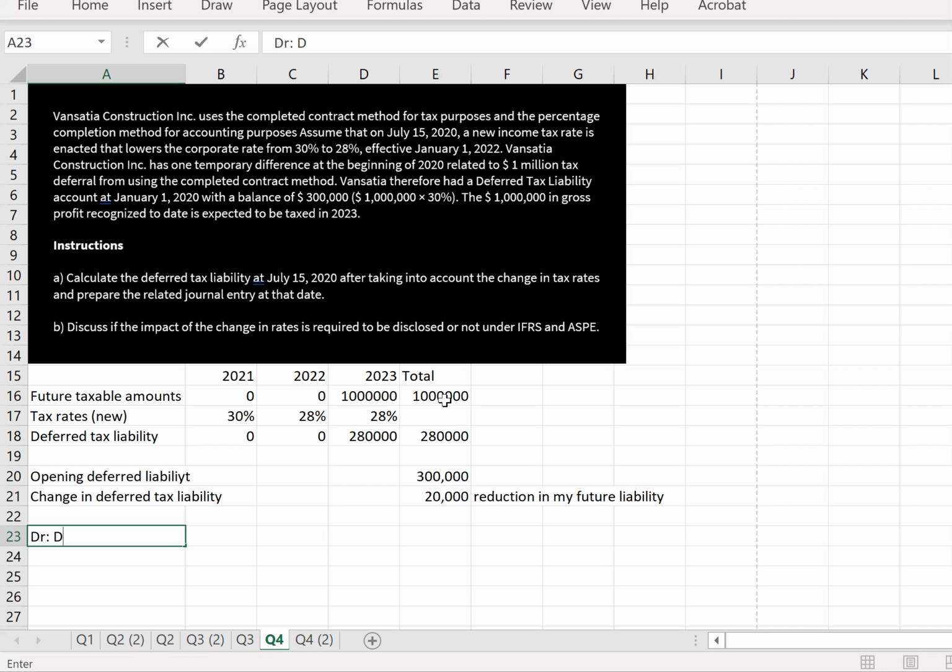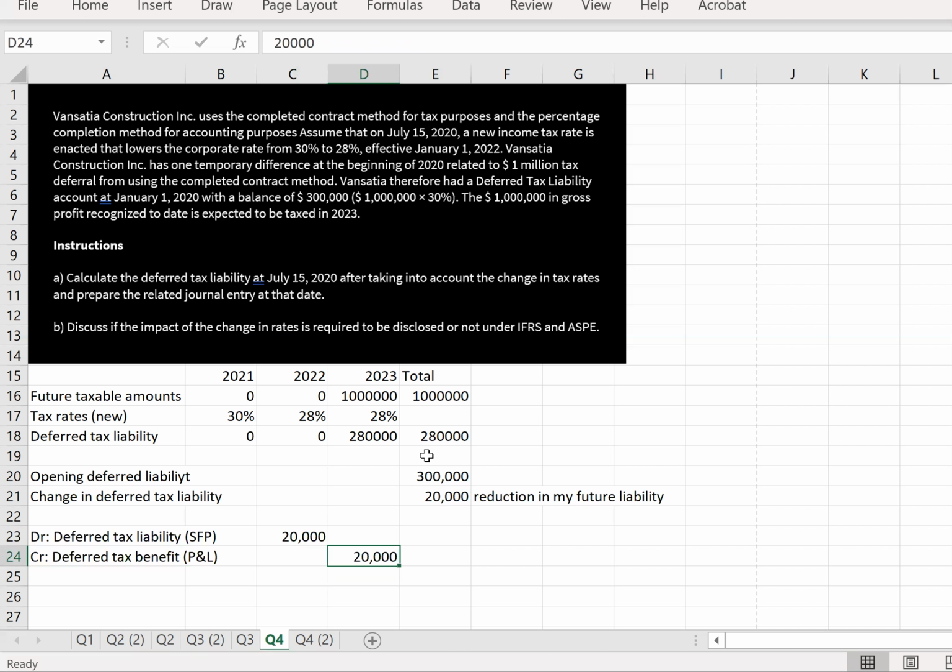So I'm going to debit my deferred tax liability, which is reducing it, of course, because this is a liability, and this is a statement of financial position account. So that's going to be my 20K. And my credit is going to be deferred tax benefit on the P&L. So this is basically going to reduce my future tax expense, my deferred tax expense, by 20,000. And that is the entry.